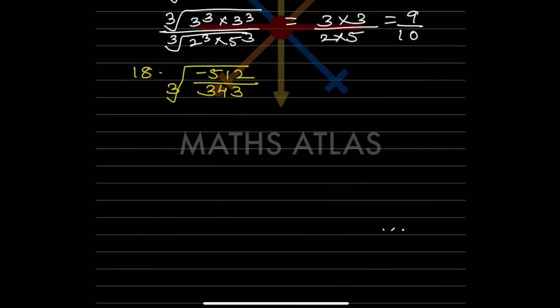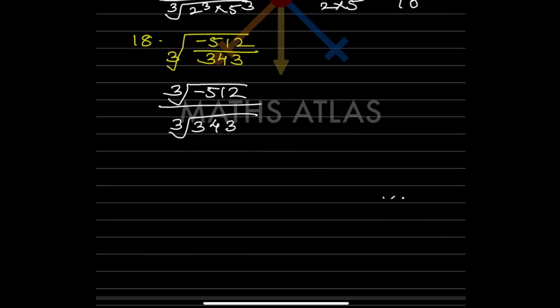So this one also is the same. Only the numbers are different. For this one, because it's minus, we will write here 3 times minus 1. And for 512, again we have seen in the start, there will be factors like 9 times 2.